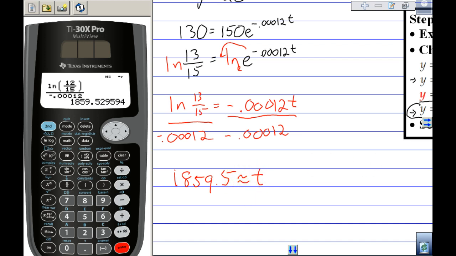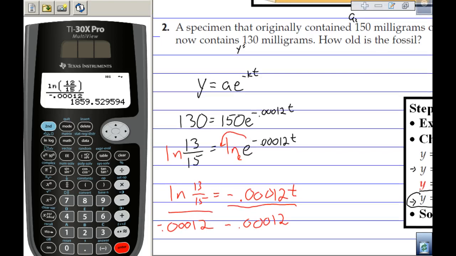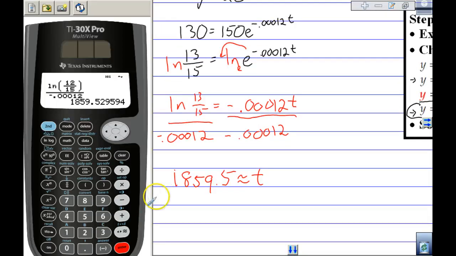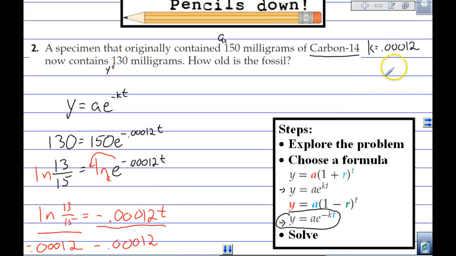And the question asks, how old is a fossil? We'll assume that this is a years unit by default. Years. There we go. So there's a carbon 14 problem. Just remember that the K value may not be given. It's in one of the first examples in the book, but where all the problems are, it's not given. You need that information.